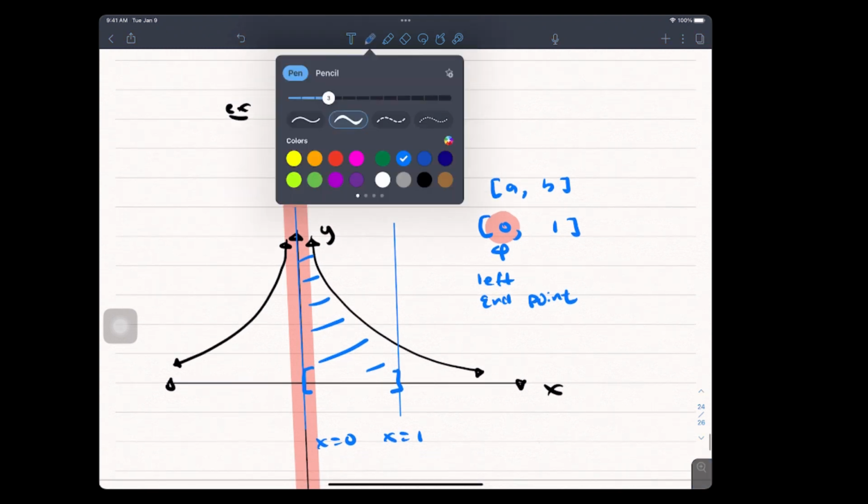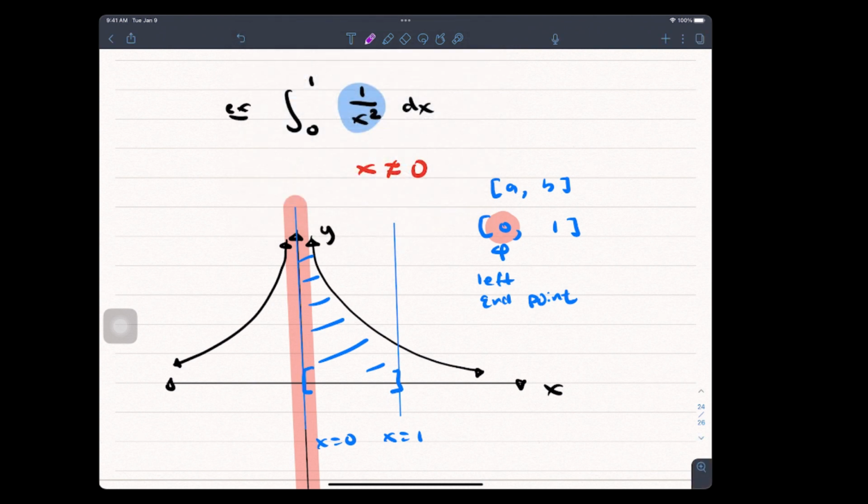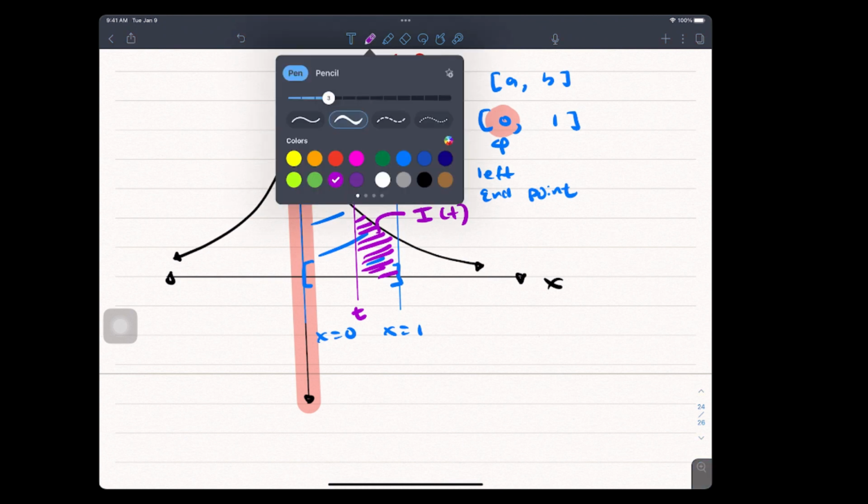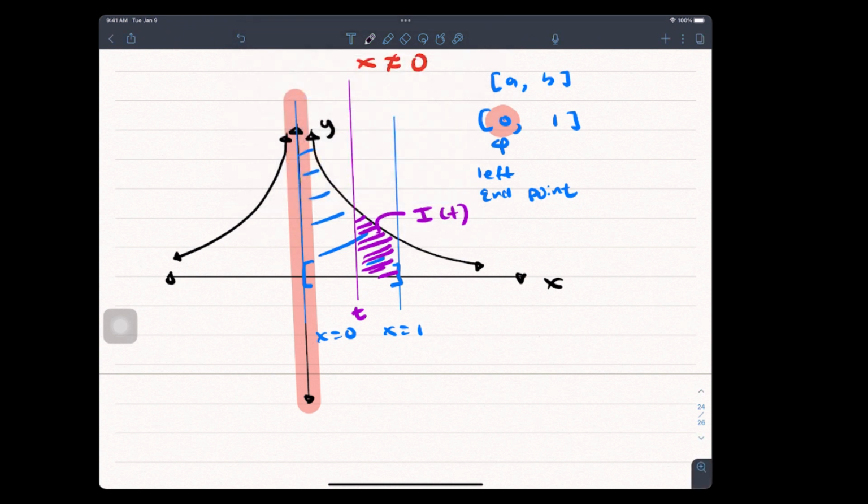So you might say, what's the fix? Well, we're going to fix this situation here. You see this imaginary line? I'm going to call that t here, okay? I'm going to define an integral I of t now. And that integral is going to look like this.